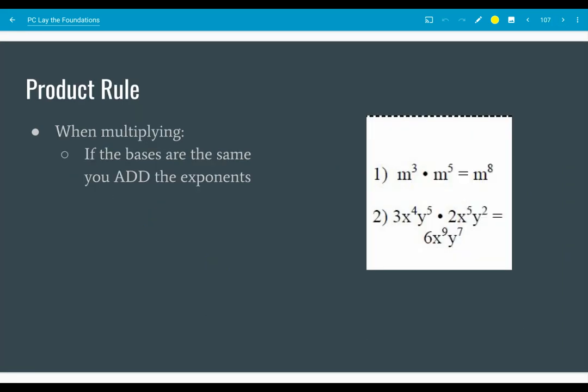Product rule is probably the one you remember or at least revert to, right? This is when you're multiplying. So when we have x to the nth times x to the m, if the bases are the same, you can add the exponents. So we have x to the n plus m power. That's the product rule. When you multiply, you can add exponents.